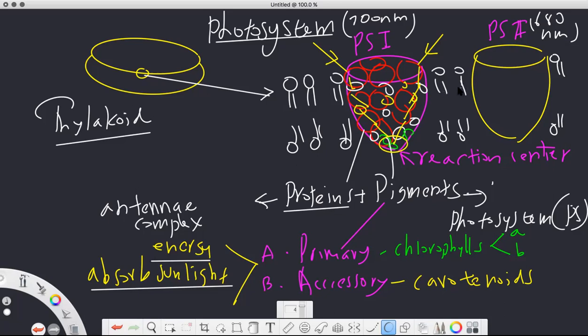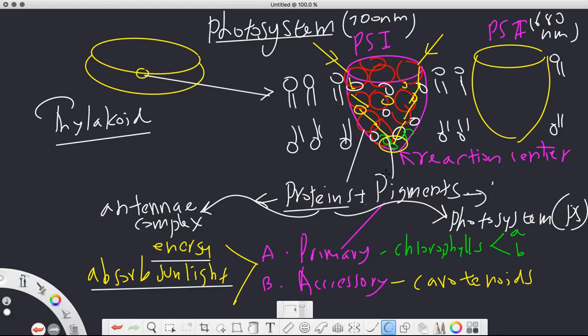In the phospholipid membranes, we can find photosystem complexes. Photosystem complexes are two types, photosystem 1 and photosystem 2. A photosystem consists of proteins. Aggregation of proteins is known as the antenna complex, and collectively proteins and pigments make photosystems.